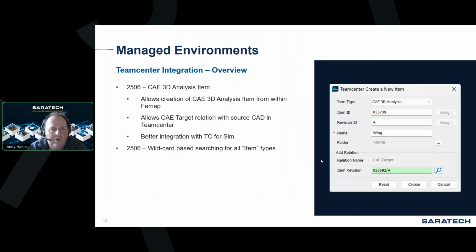Now we're up to 2506, and the big thing here is it allows the creation of the CAE 3D analysis item. You can make that from within Femap. You can also specify some CAE target relations with the source CAD. This was really for better integration with Teamcenter Sim, and then just a little bit of searching help.